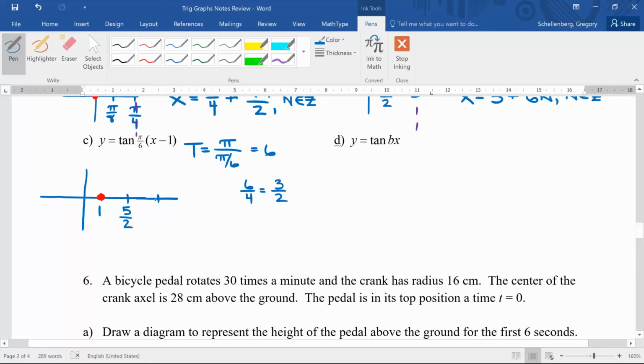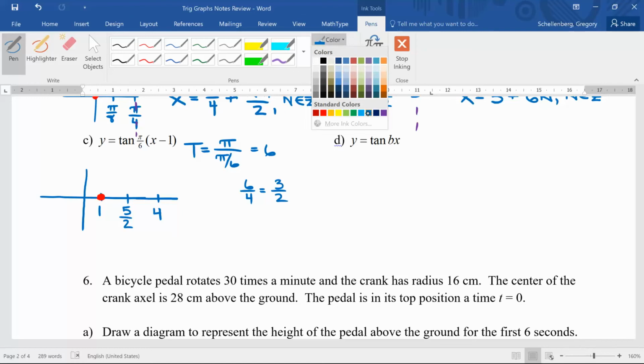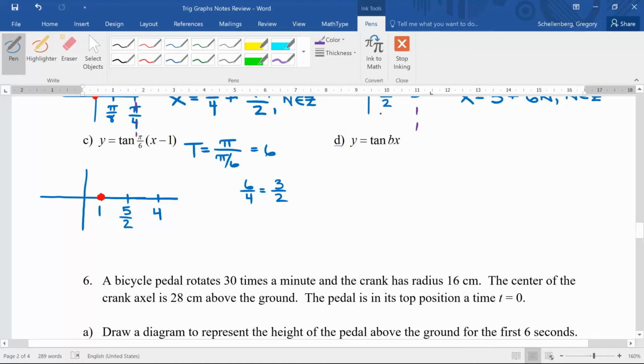And add another 3 over 2 to that, we get 8 over 2, which is 4. Okay, that's two significant points to the right of where we started. So that's where our first vertical asymptote will occur, and we'll use that to come up with the equation of our asymptotes.